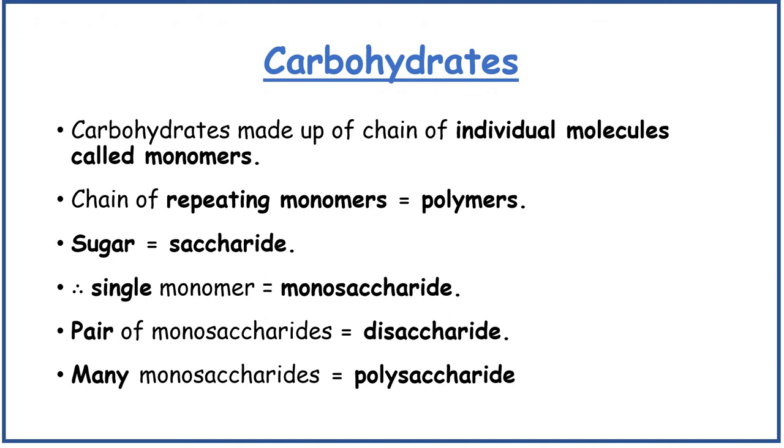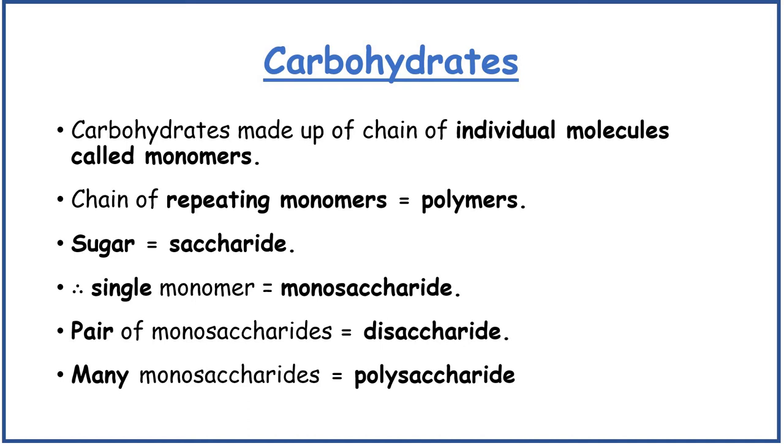So carbohydrates are made up of chains of individual molecules called monomers, and the chain of repeating monomers is called a polymer. The suffix is saccharide, so sugar equals saccharide.